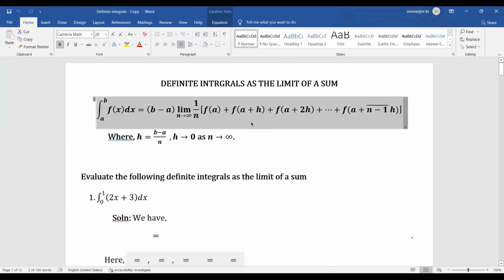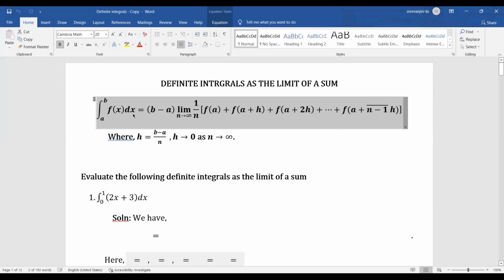Let's start with the formula. We know how to evaluate definite integral a to b f of x dx. What is a and b? The independent variable is x. x is varying from a to b, so the lower limit is a, upper limit is b.